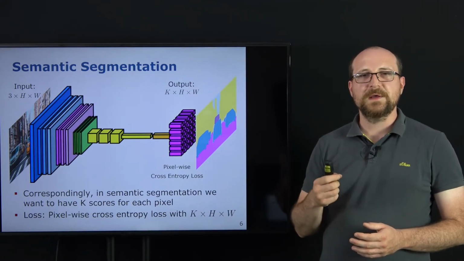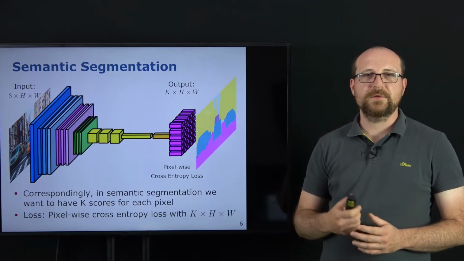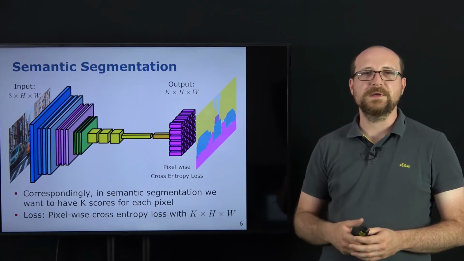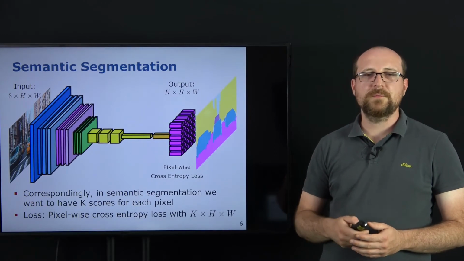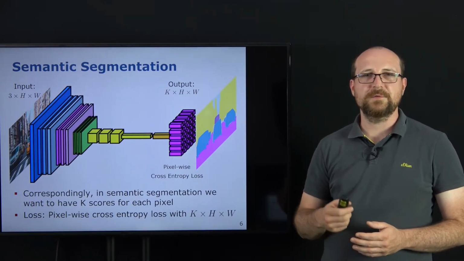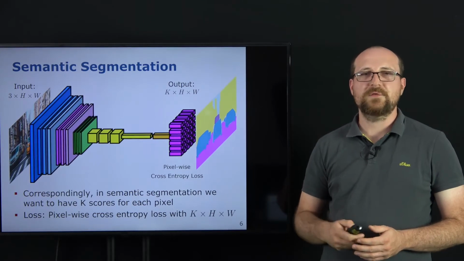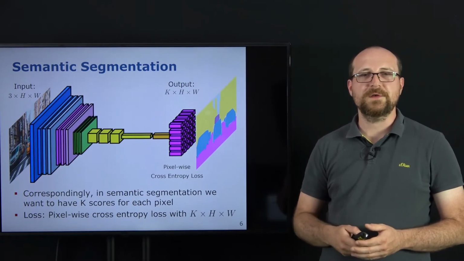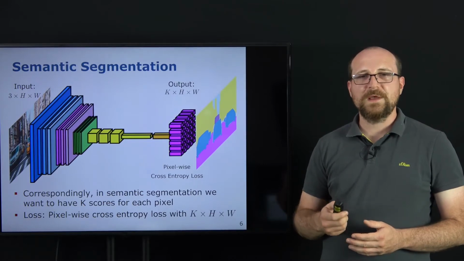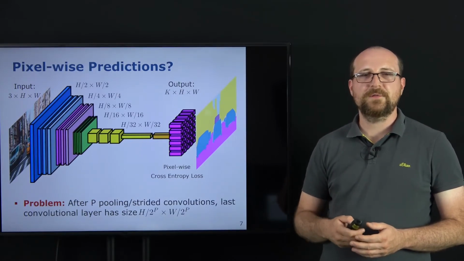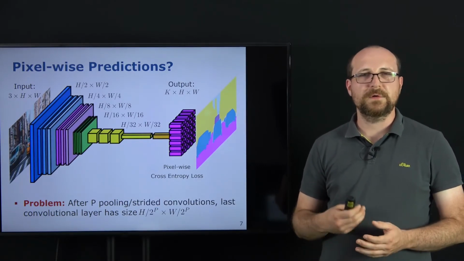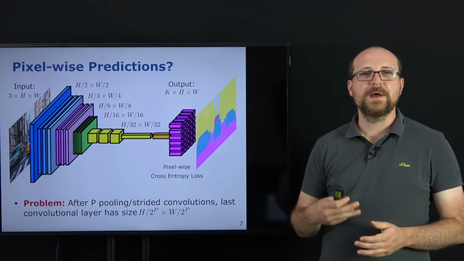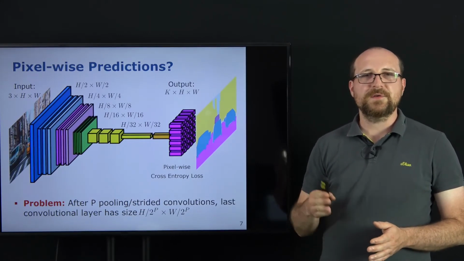So we can now use something like a pixel-wise cross-entropy loss to steer the learning of the convolutional network. But what we now have to do is get from the reduced feature map size back to the pixel-wise classification scores. For this one has to account for the fact that when we do the reduction via strided convolutions or max pooling, we reduce the feature map size in each stage by 2.